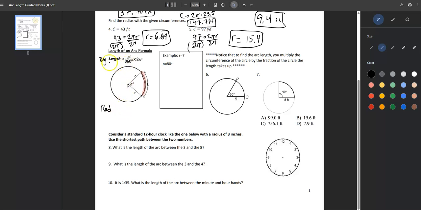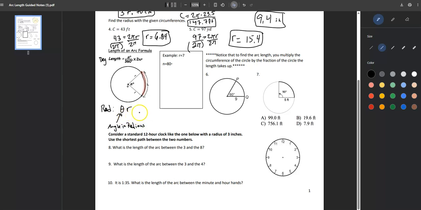Again, if you do it for degrees, it's just the degree measurement divided by 360 and then times 2 pi r. So you're taking a fraction of that. Okay. If you're doing it in radians, the formula is just going to be theta times r, and the theta is going to be your angle in radians.